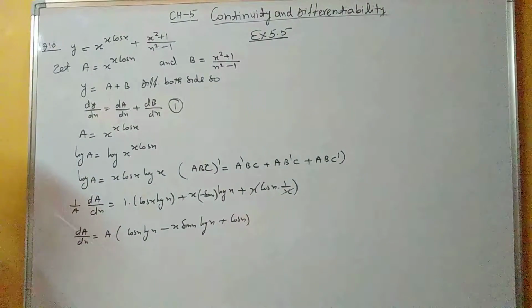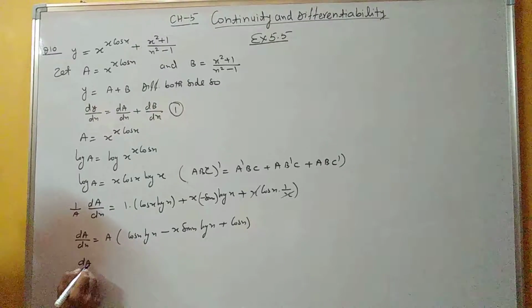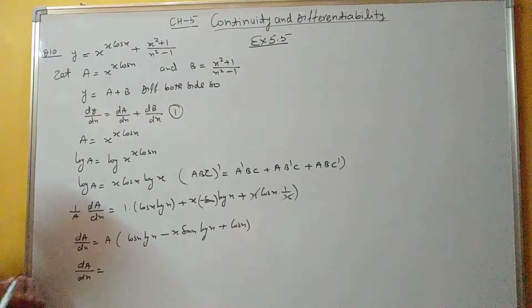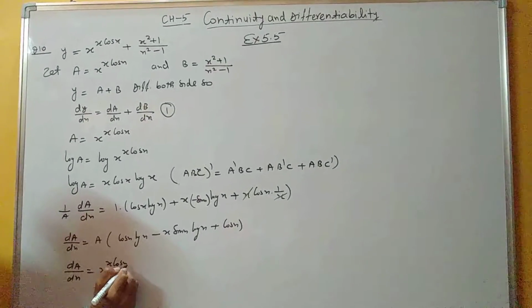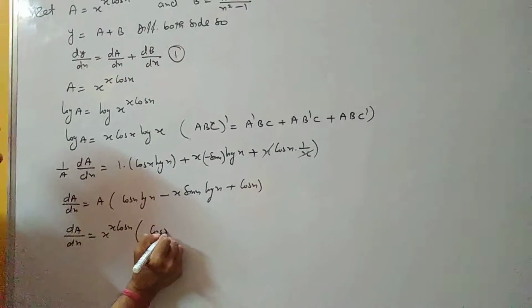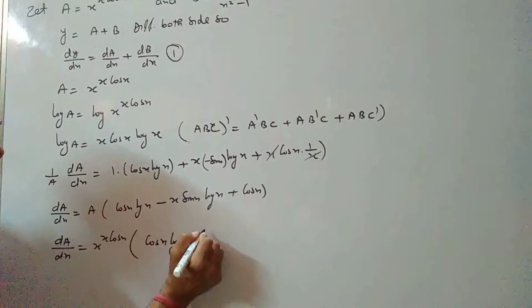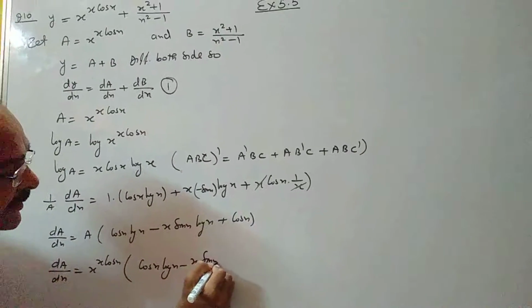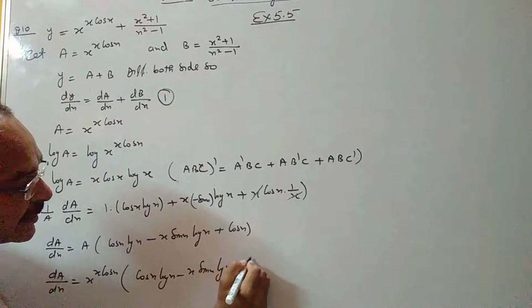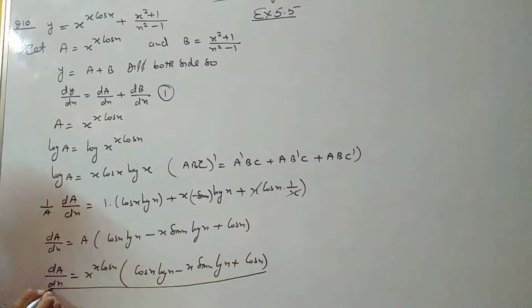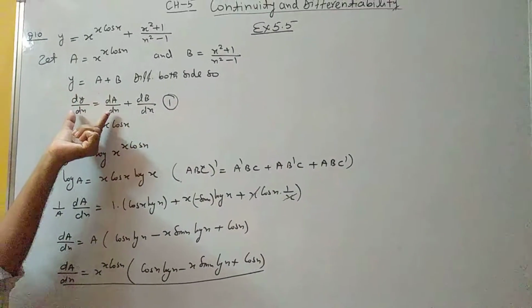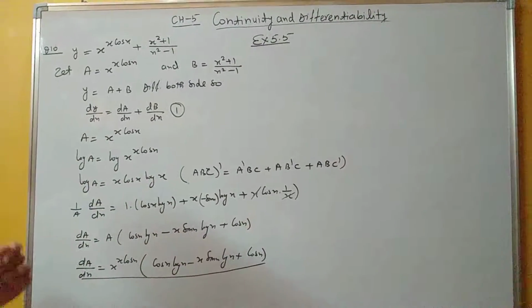Now put the value of a, dA by dx is equal to x to the power x cos x times cos x log x minus x sin x log x plus cos x. So this is the differentiation of let a is equal to x to the power x cos x.